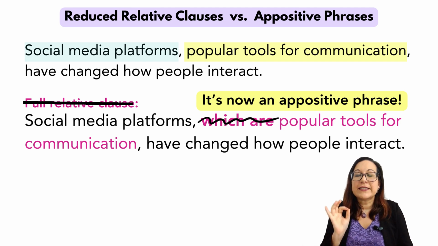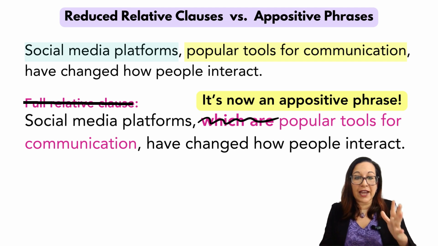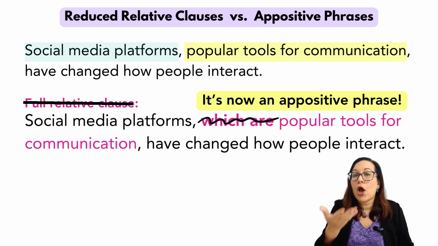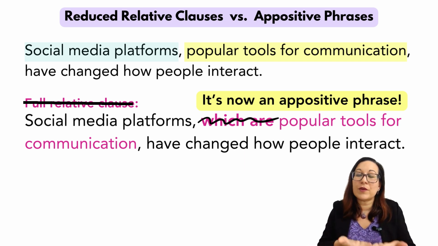Why are you now calling it an appositive phrase? Simple. The difference is that an appositive phrase does not have a verb. So when we reduce it and we take out those two parts, we end up with popular tools for communication. There is now no verb, which means we've actually created an appositive phrase.